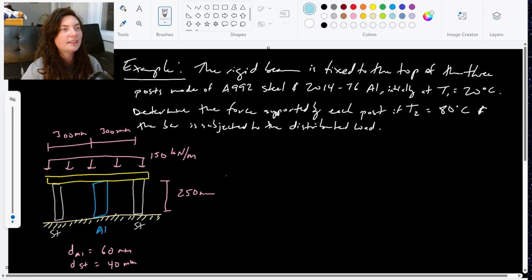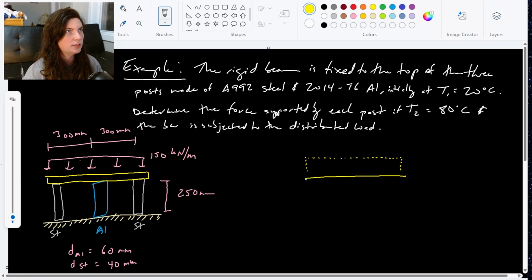So let's just take a look at that rigid bar there. For our rigid bar, keep him in yellow, we have that distributed loading on top over that 600 millimeter span, the full span of that guy. And then we have those 3 posts, and they're equally spaced.